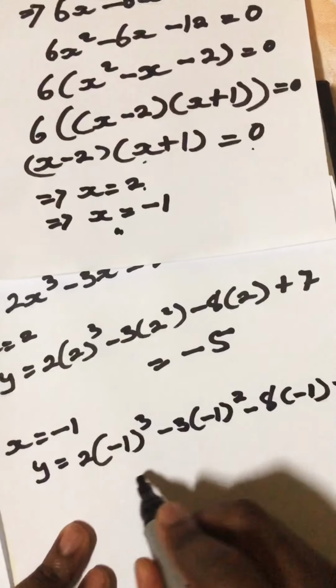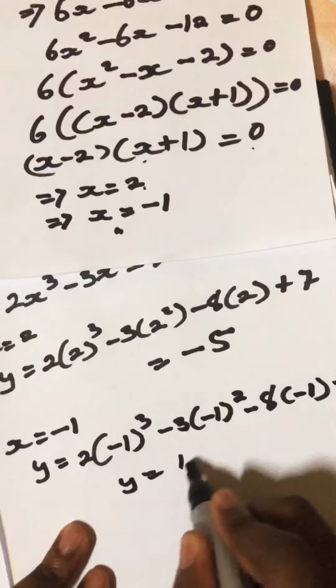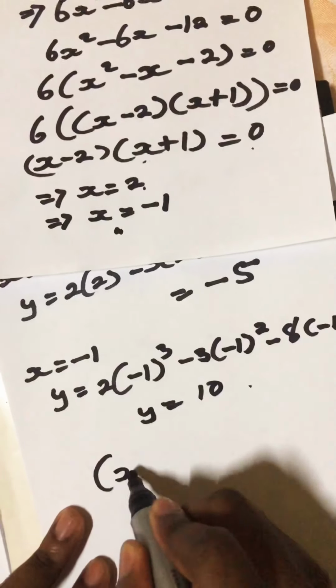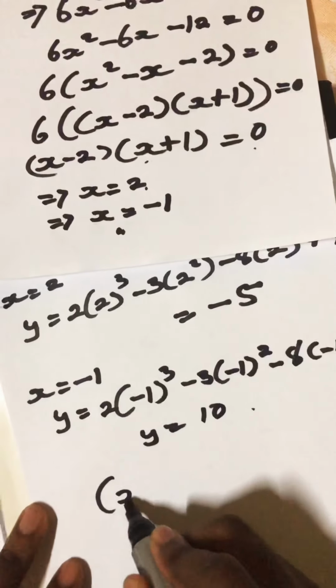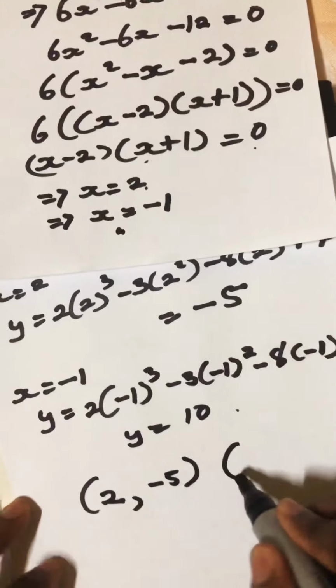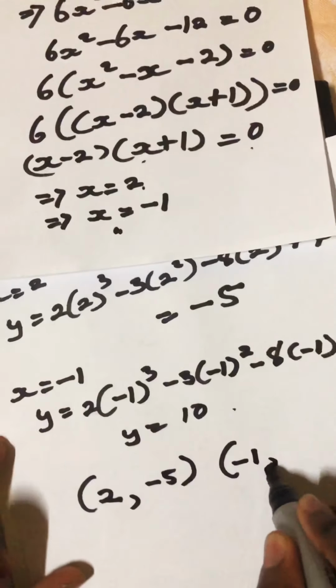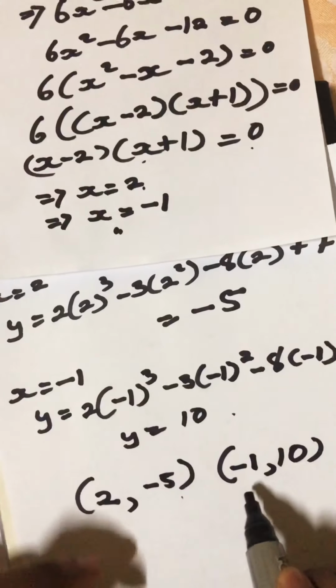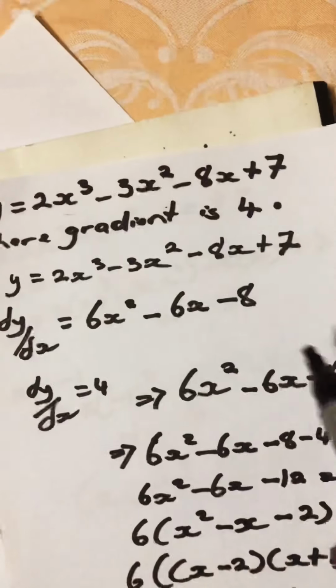And this will give us y equals 10. So our 2 points are: when x is 2, y is negative 5. And when x is negative 1, y is 10. So on the graph at these 2 points, our gradient is 4.